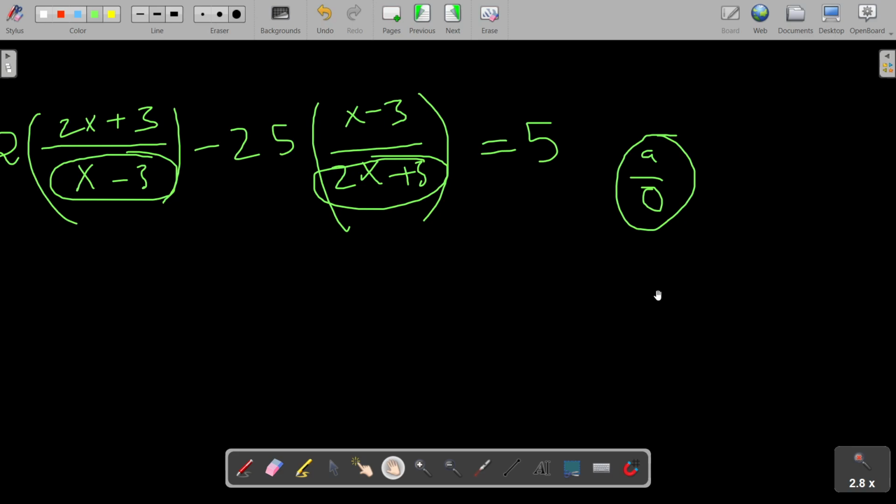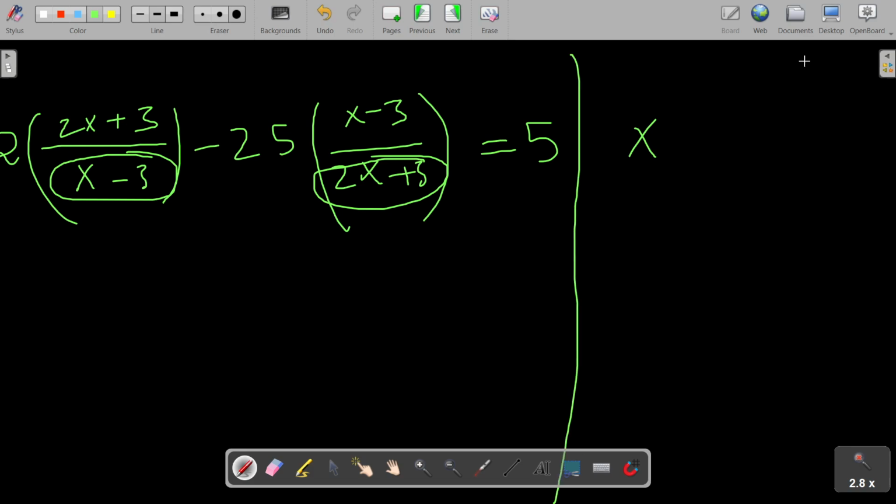So every time we check denominators, they should not be equal to 0. If there is an expression in the denominator, so here are two expressions, one is x minus 3, and one is 2x plus 3. These two expressions should not be equal to 0 in any case.